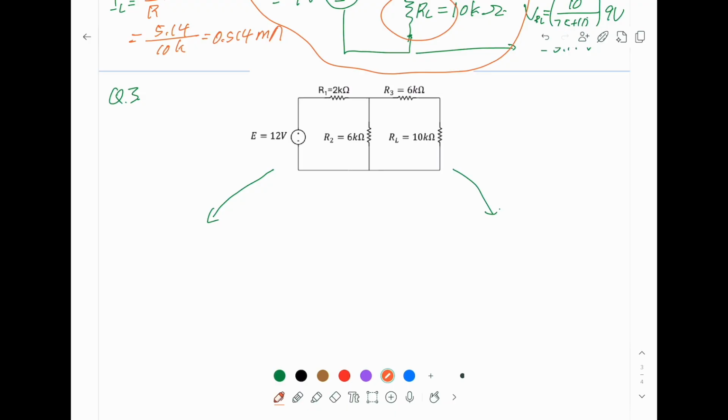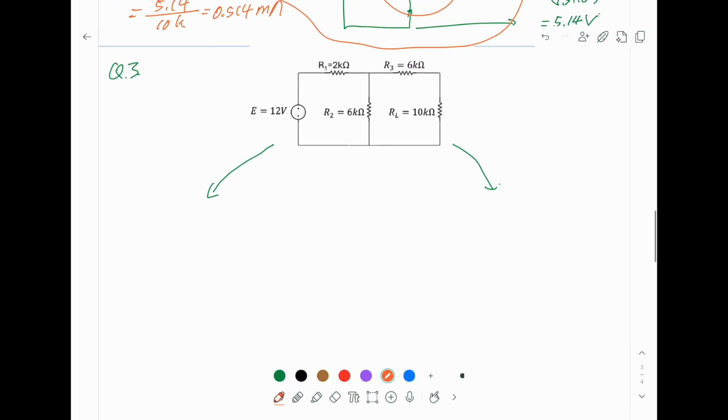So it means ultimately you want this to happen. You want to say for the RL as if there's a current source. This current source will split the current into two parts. The first part is your R Norton. The second part is your load.